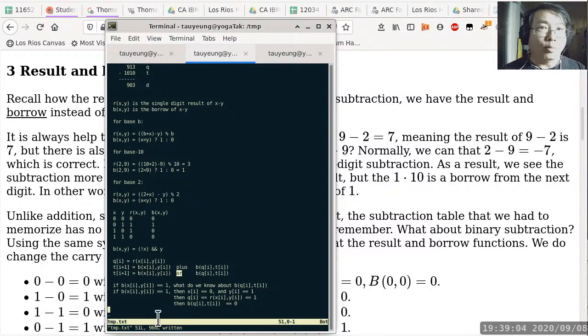So this is half of the proof, because what we have here is saying if we know the left-hand side is a 1 already, it guarantees the right-hand side is a 0, which is good, but it's not enough, because we also need to work on the other argument, which is saying if we know the right-hand side is a 1, we also want to be guaranteed that the left-hand side is a 0. So that's what we're going to do next.